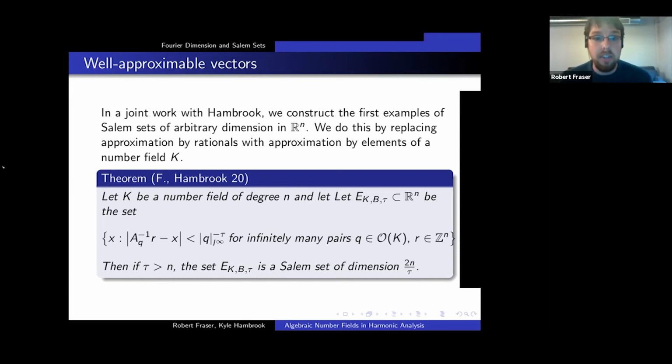It's the matrix corresponding to the element Q of the ring of integers of k in the basis B. So you look at those real vectors x that are close to this matrix product. Here R is an integer vector and AQ inverse is a rational matrix, so it makes sense to say that AQ inverse R is close to a real vector. If you look at those vectors x, then you can see that this is a Salem set.